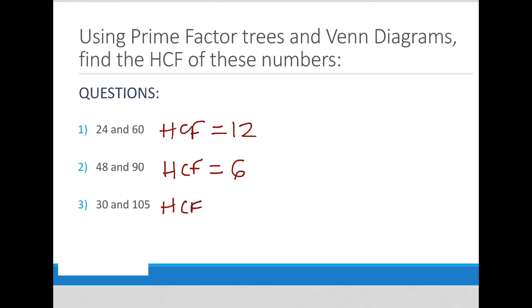And the highest common factor for 30 and 105 is 15. Check back. Hopefully you've got the correct answers. If not, something's gone wrong, so I'd like you to redo those questions before you move on, and importantly do a little bit more practice on this to ensure that you fully are secure. And then the next thing to learn is lowest common multiples.